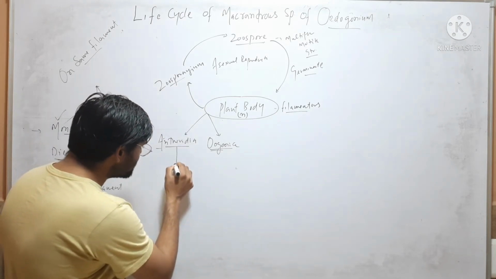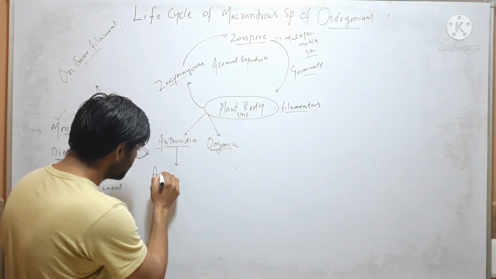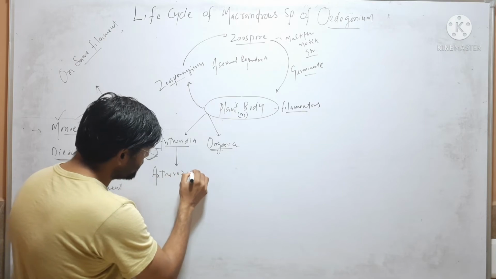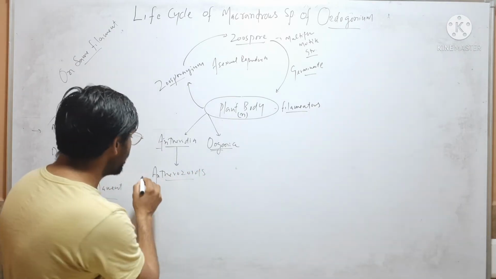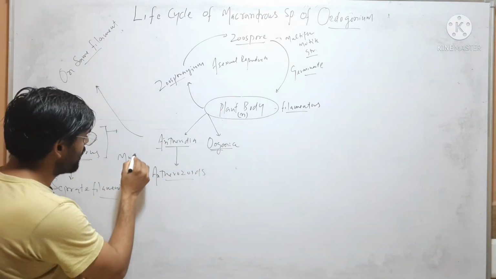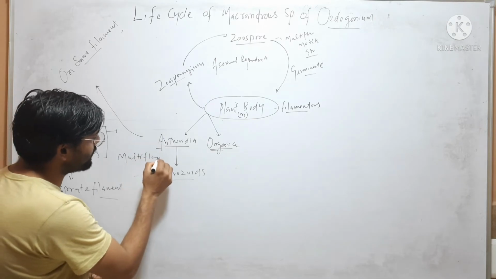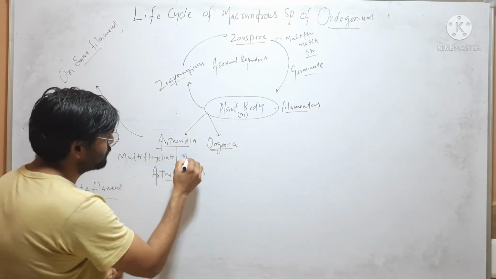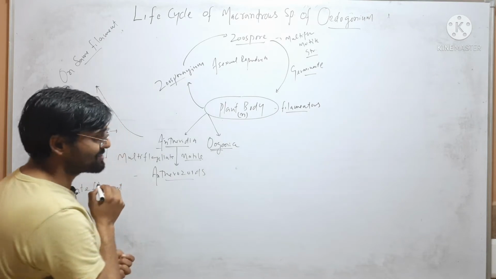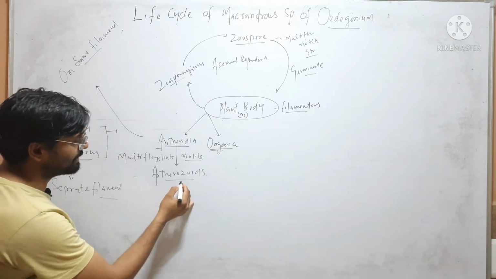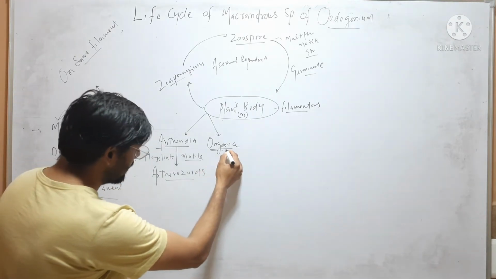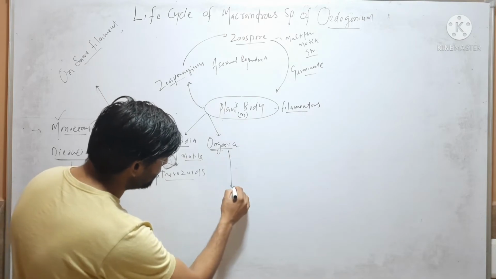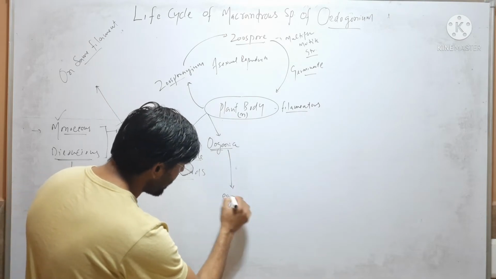Now inside this antheridia, antherozoids are formed. Antherozoids are multiflagellated motile structures. And inside this oogonia, an egg is formed.